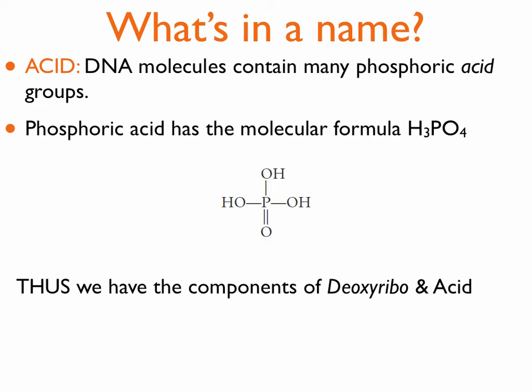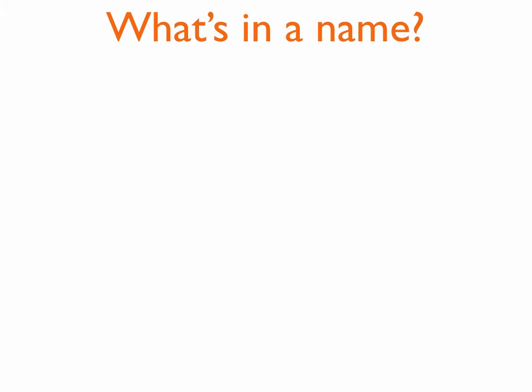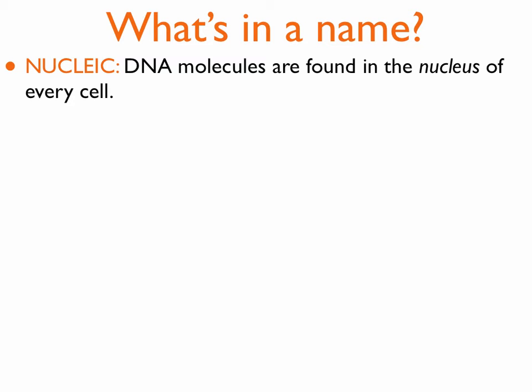So now we have the 2 components, deoxyribo and acid, so we've got to have a look at that middle part of the DNA name, the last piece to the puzzle. Nucleic. DNA molecules are simply found in the nucleus of every cell. That's why we call them deoxyribonucleic acid, for we find it in the nucleus.